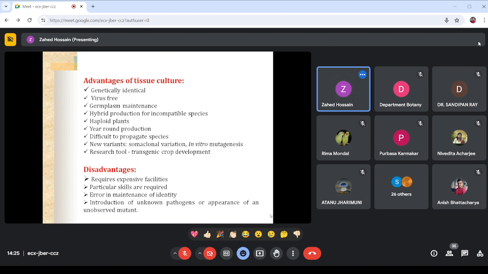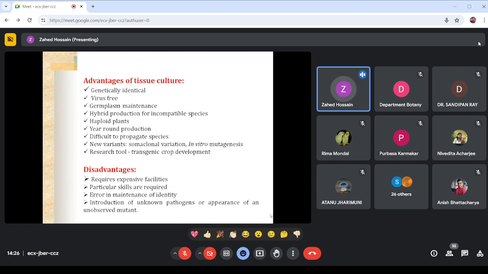So these are some of the advantages. You should remember at least two to three points: genetically identical with the explant or mother plant, virus free, and a large number of germplasm can be maintained within a very small space, or infrastructure.